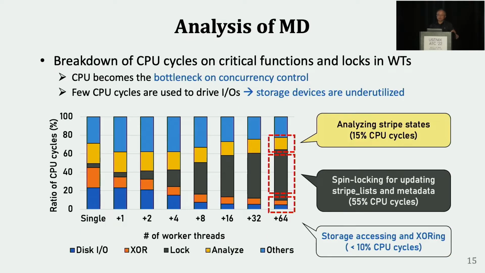To verify our suspicion, we investigate the CPU usage distribution when running MD with a varying number of worker threads. We use the perf tool to measure the CPU cycles of key functions. The results show that the CPU becomes a notable bottleneck on concurrency control in MD.